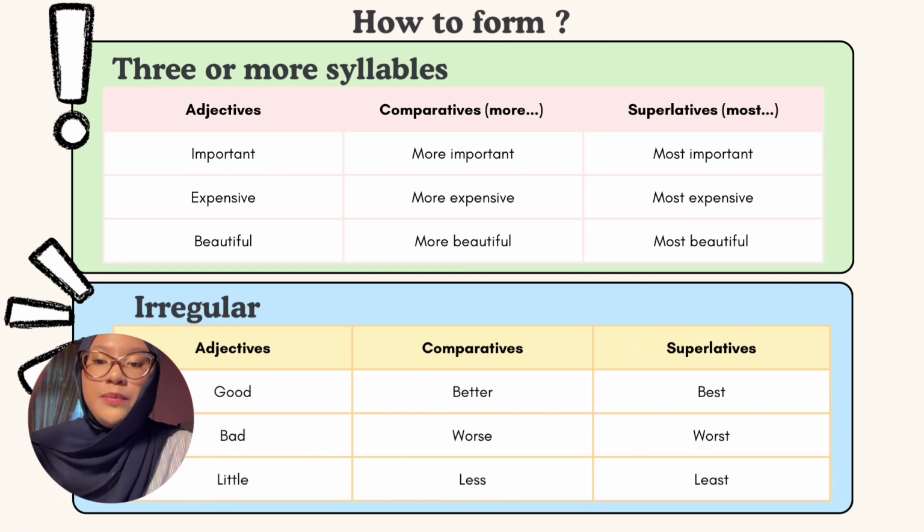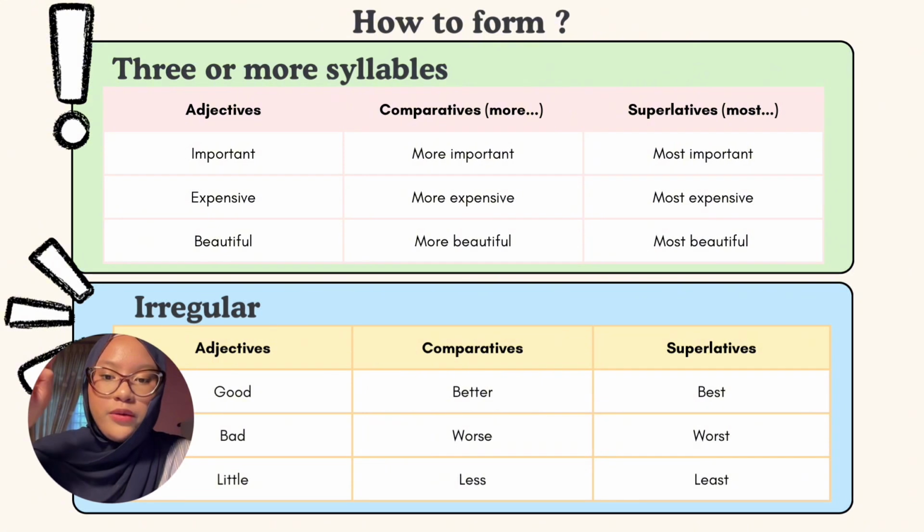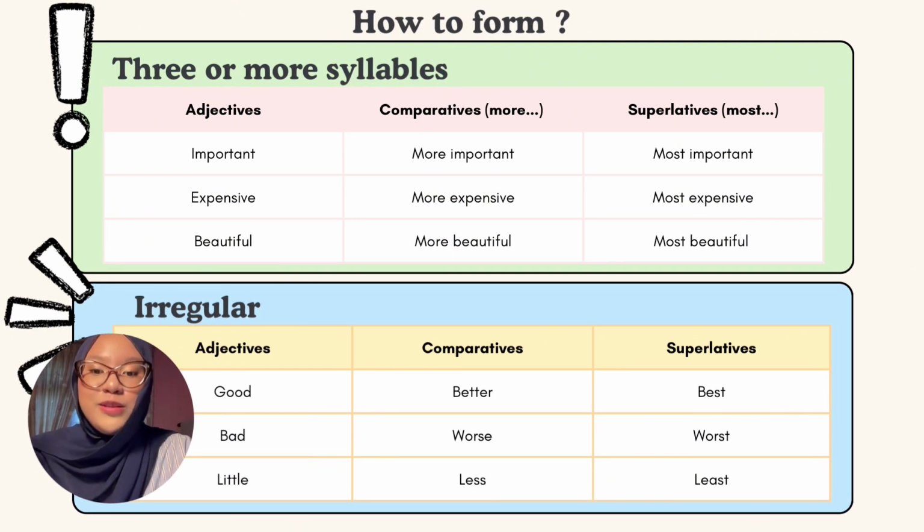Some adjectives do not follow any of the three rules that I have discussed earlier. These are called irregular adjectives, for example, the word good. In its comparative form, it becomes better, but in its superlative form, it becomes best. It has nothing in common, and that's why they are called irregular.